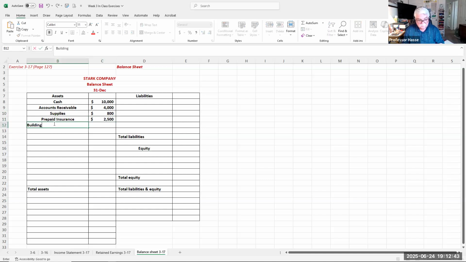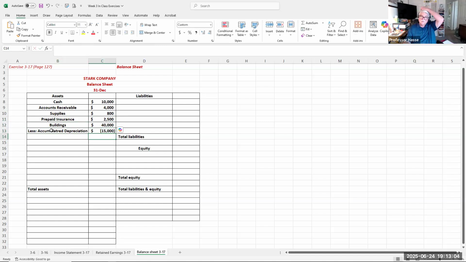Buildings, $40,000, less accumulated depreciation, minus $15,000. Okay. So notice, because the accumulated depreciation was a net credit balance asset, you list that as a minus on the balance sheet. And I don't like these bold numbers, so I'm going to get rid of this here.